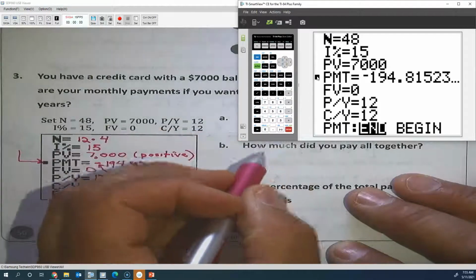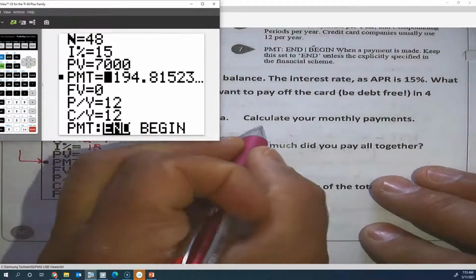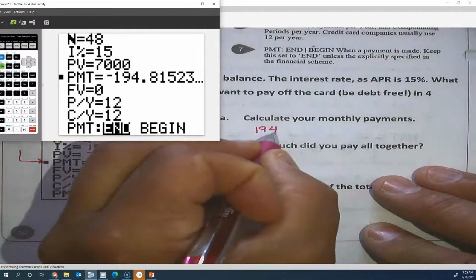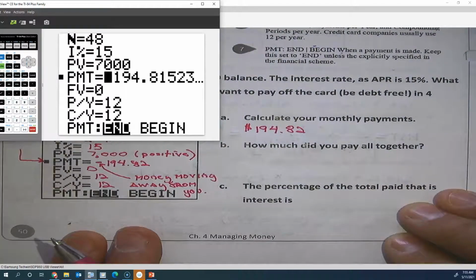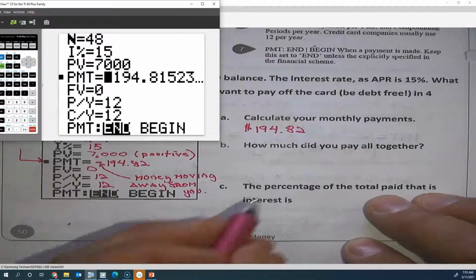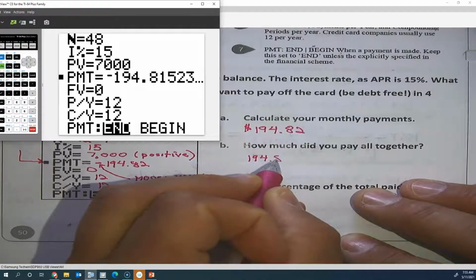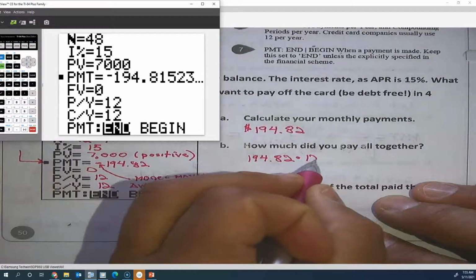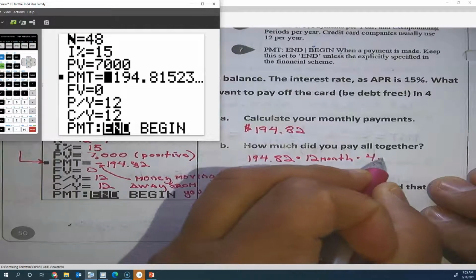Okay, so that's going to go right here. $194.82. Okay, now we want to figure out how much did we pay altogether. So we paid that amount a month for 12 months for 4 years.